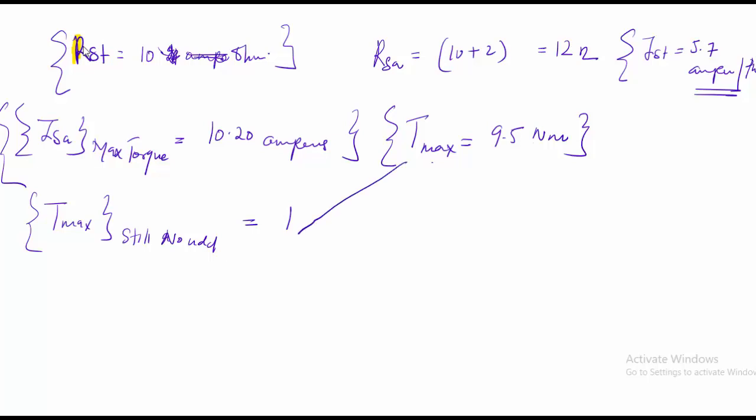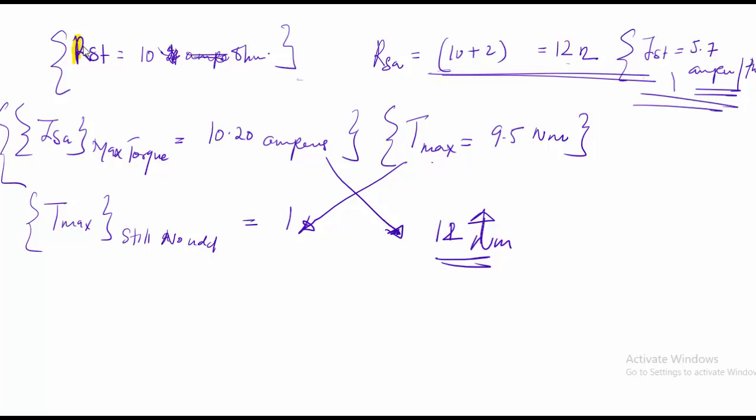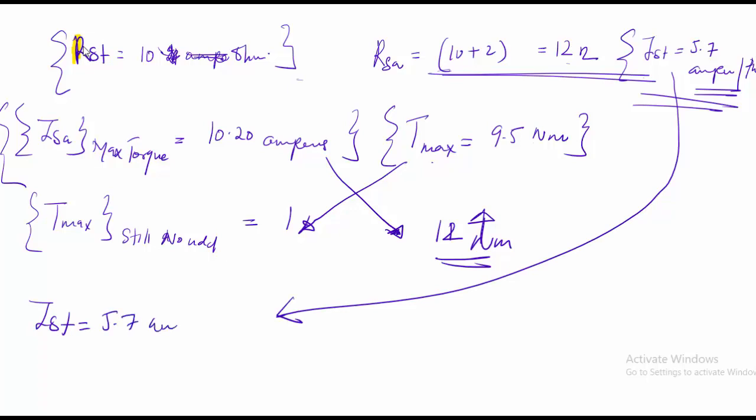It was close to 11 or 12 if I am correct. So 12 Newton meter, which was calculated. But what will it be when you are getting a current IST equal to 5.7 amperes, which is a very low starting current? So what will be your torque here?